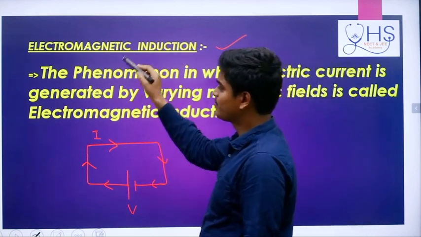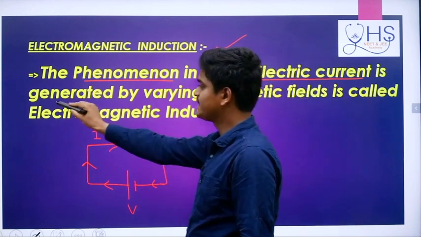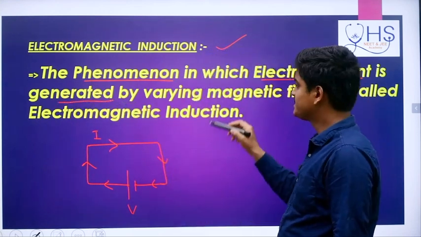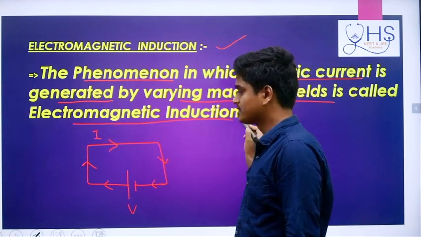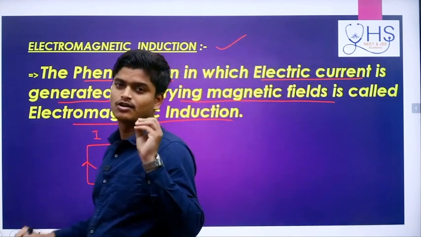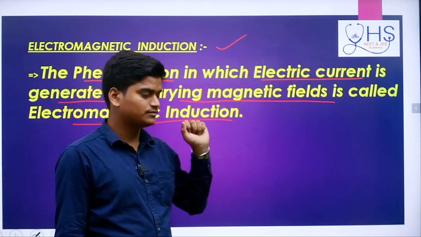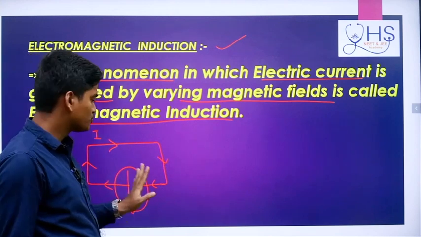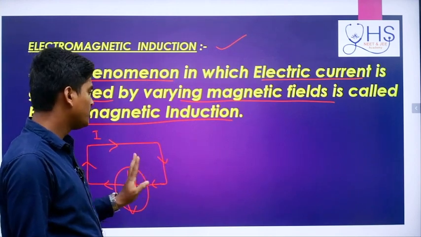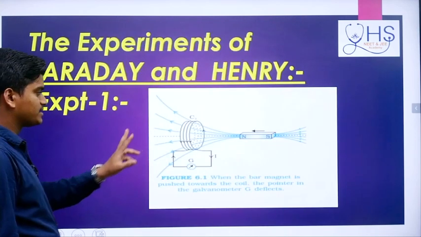Electromagnetic induction is the phenomenon in which electric current is generated by varying magnetic fields. That means we will generate electric current by varying a magnetic field. We will not take a cell or any external source. Only consider a coil like this.